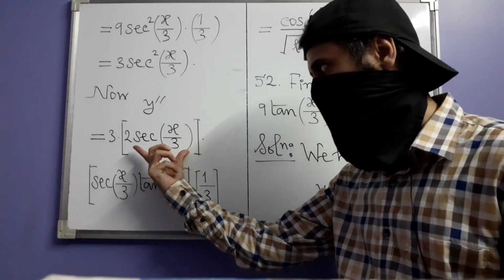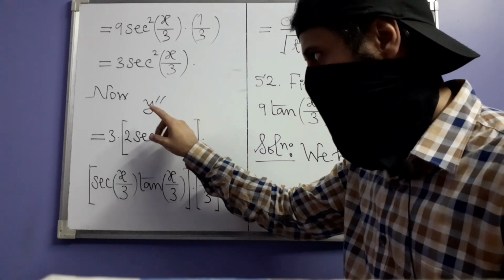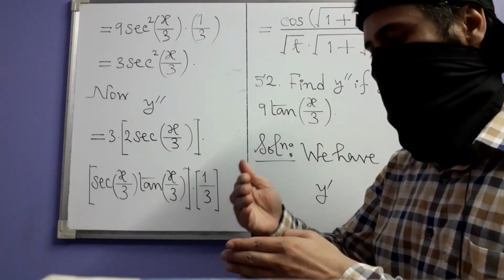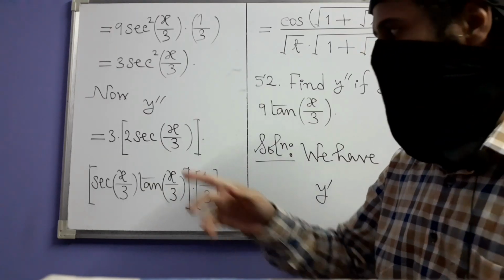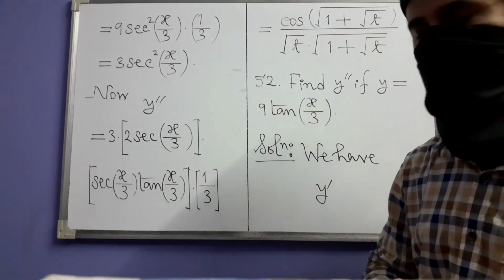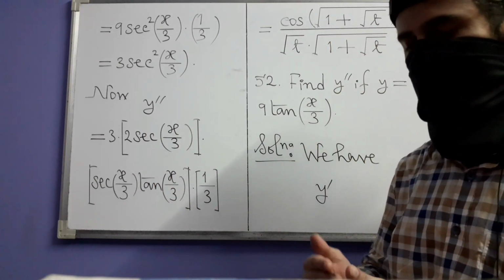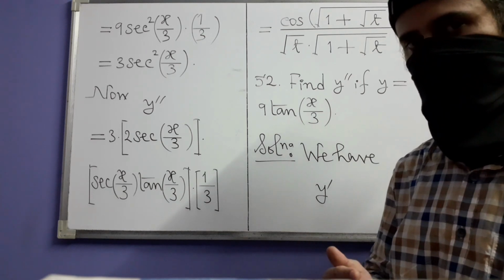You have differentiated once the outermost room and you have got this. Now I am going to differentiate the next inner room, that is the secant room, keeping the innermost room intact. The derivative of secant theta with respect to theta is secant theta times tan theta.